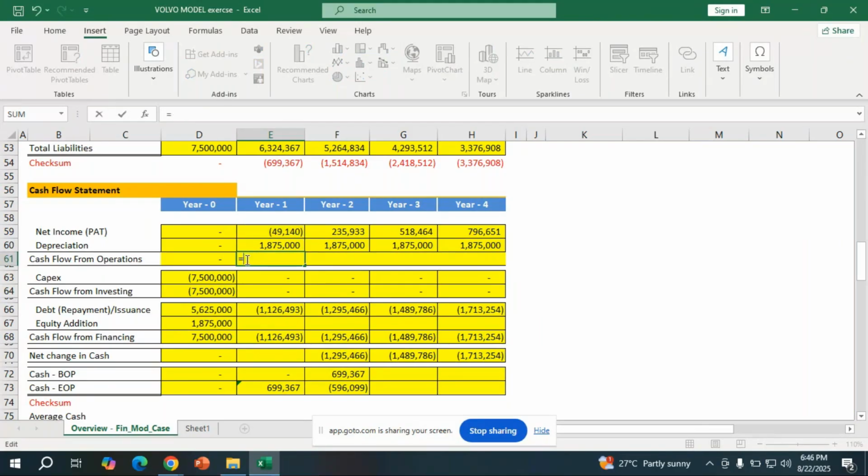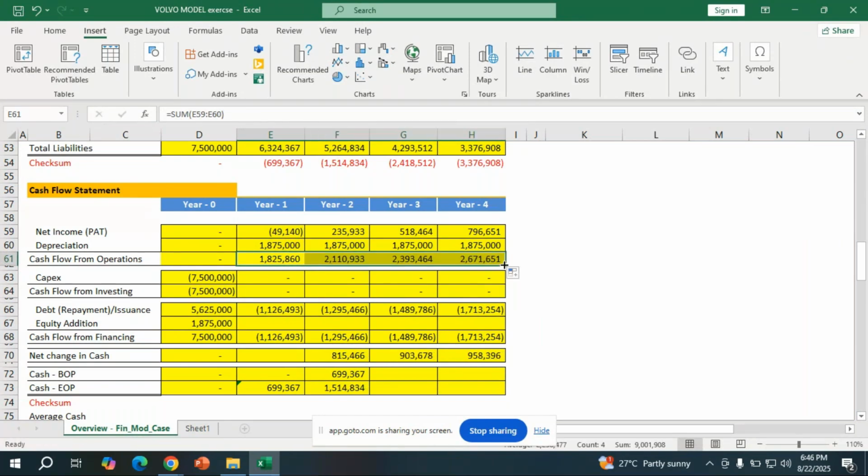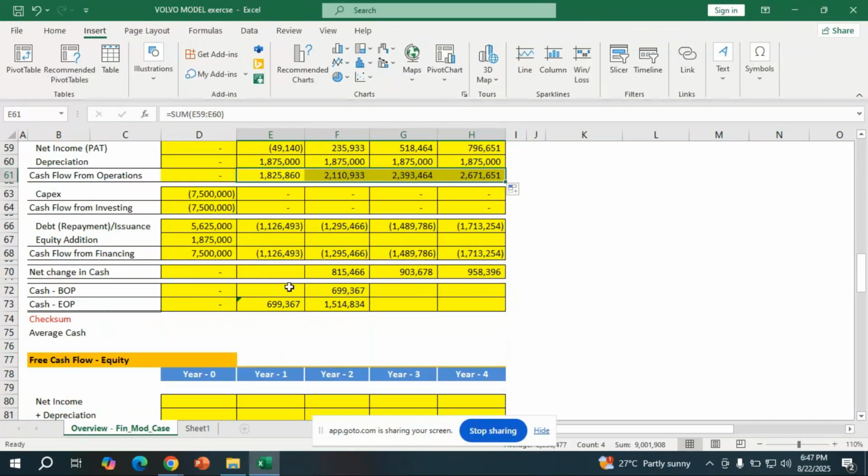The sum, like that. You're going to do it for the rest of the cases. Okay, so once you do that, you get your balance here directly after adding your depreciation.